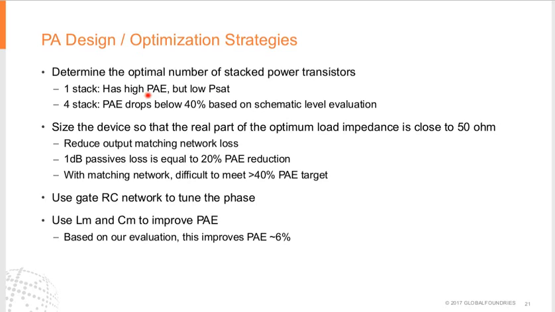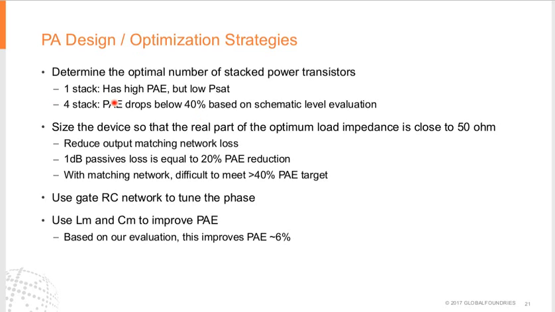If we want a high Psat, we can reduce the number of elements. So we evaluated different stack numbers. We found that when the stack number increases to 4, the PAE will drop below 40%. And then it will not meet the design target requirement.